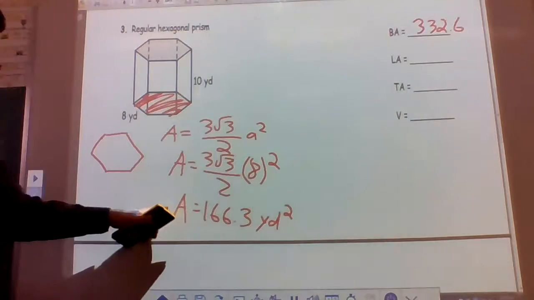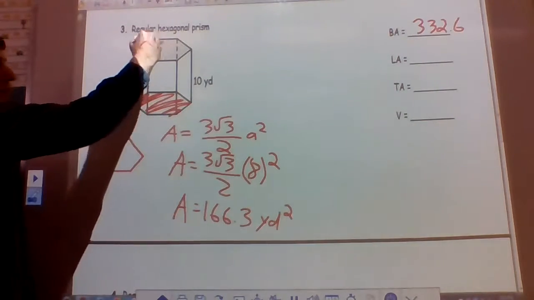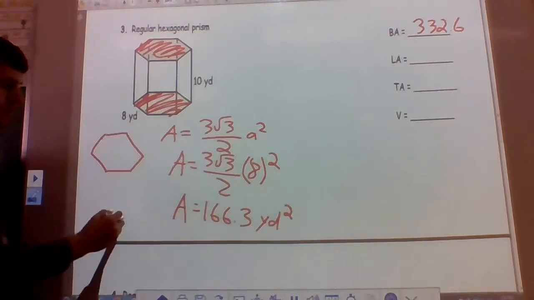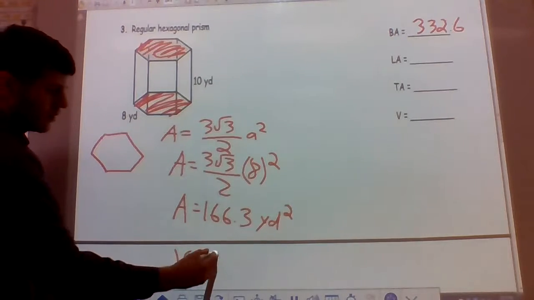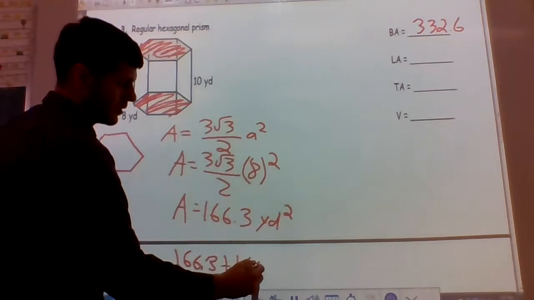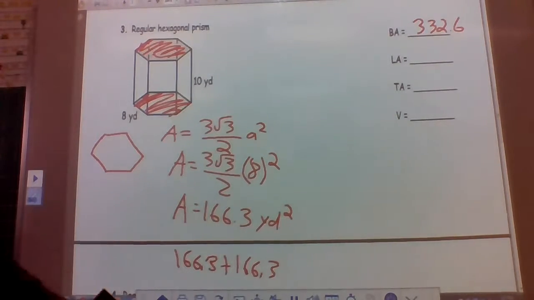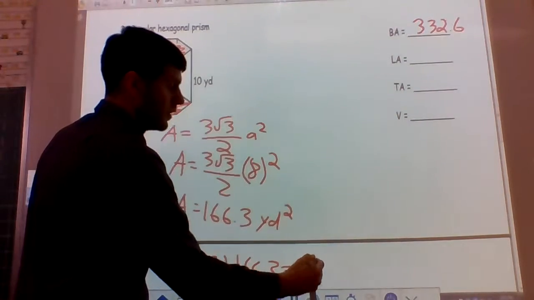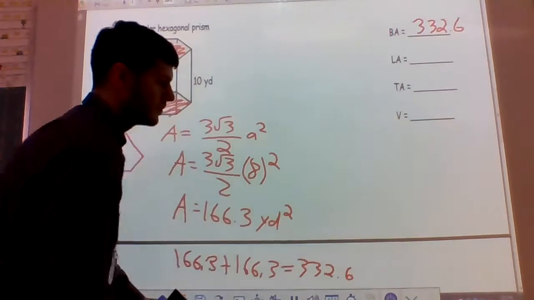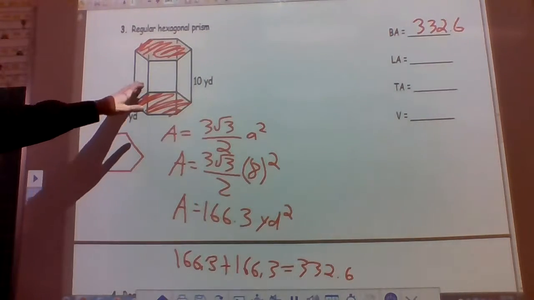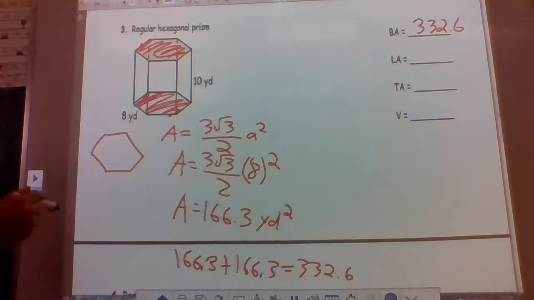So again, this is the area of one hexagon, but we have 2 of them. Right, so it's 166.3 plus 166.3 is 332.6.